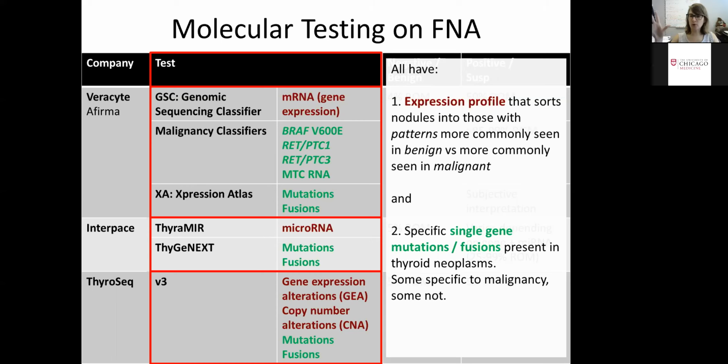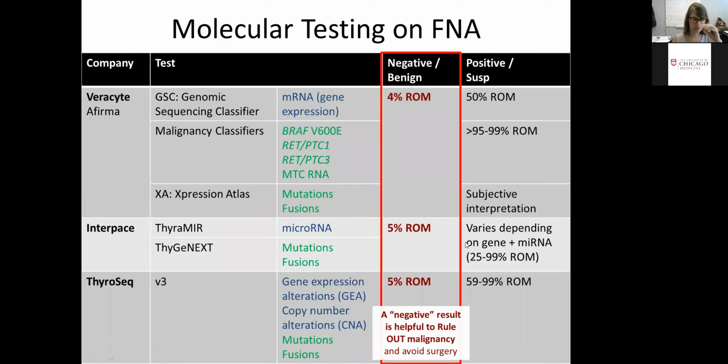So expression profile, generic; mutational or fusion panel, specific. They all do both. If you get a negative result on that gene expression profile, that basically takes your indeterminate nodule and puts it into a molecularly benign category, 4 to 5% risk of malignancy, all right? So a negative result is very, very helpful to rule out malignancy and avoid surgical intervention in these patients.